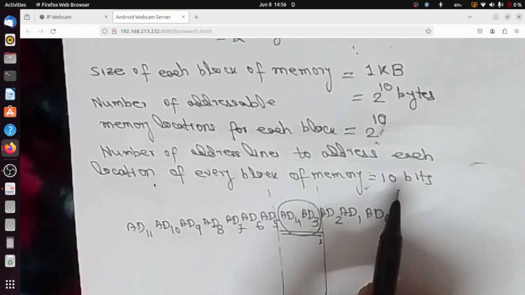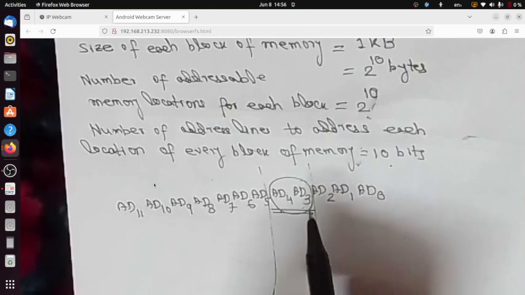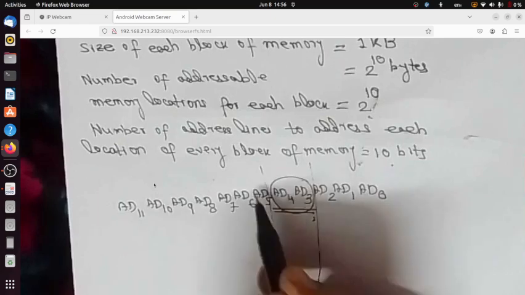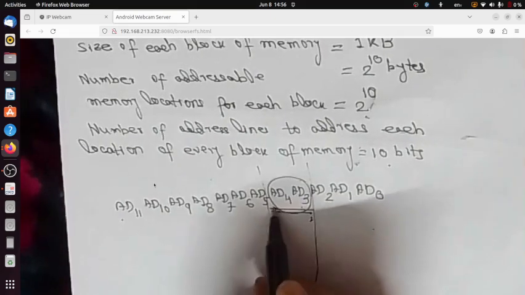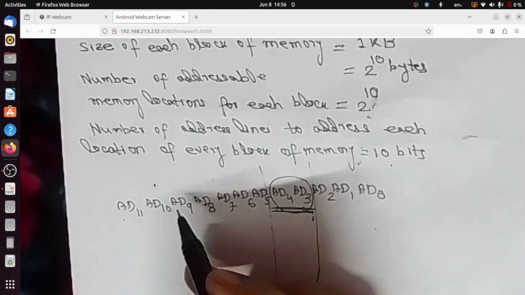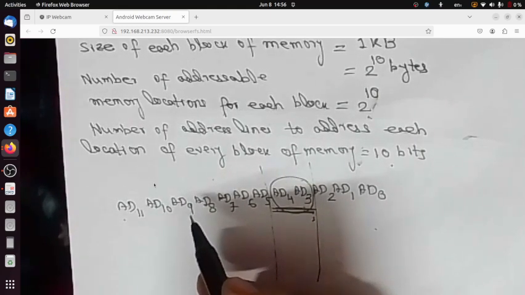Which of these 10 bits out of the 12 address lines will be used to access each memory location within a block of memory? Out of these 12 address lines from AD0 to AD11, if we exclude input address lines 3 and 4, then the remaining 10 address lines will be used to address each memory location of every block.